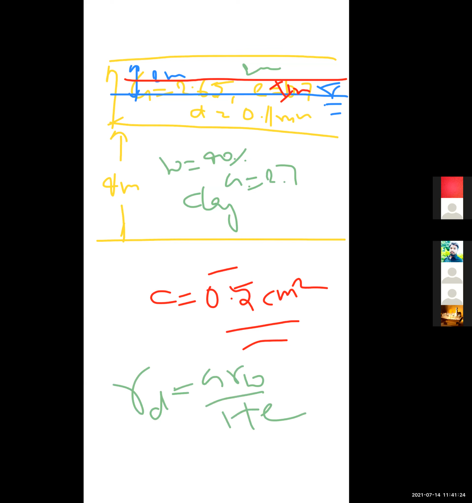So what is the value of gamma D? Ma'am, 15.40. 15.4.